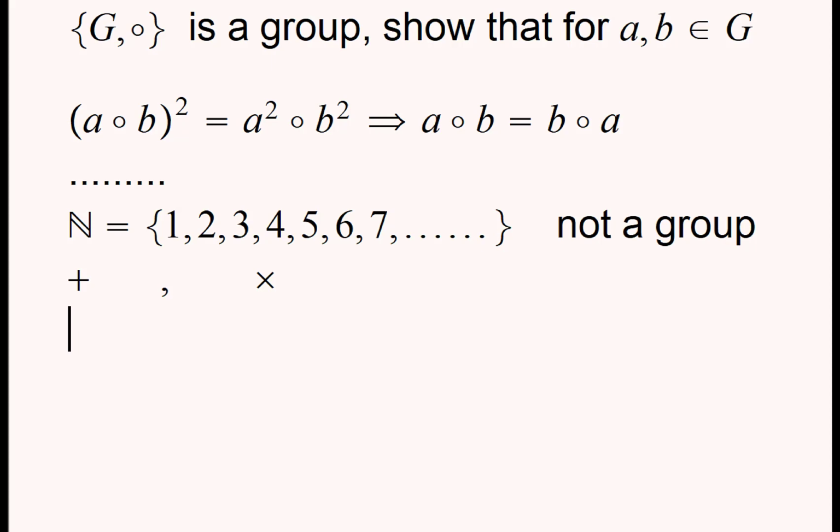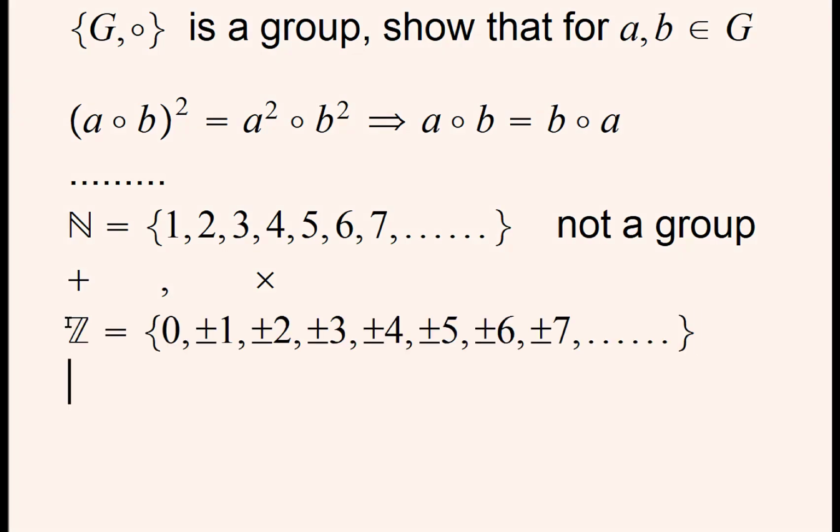And if we go to the set of integers, then this is a group with respect to plus because, of course, plus is associative, zero is the identity, and if a is an integer, negative a is an integer, okay?